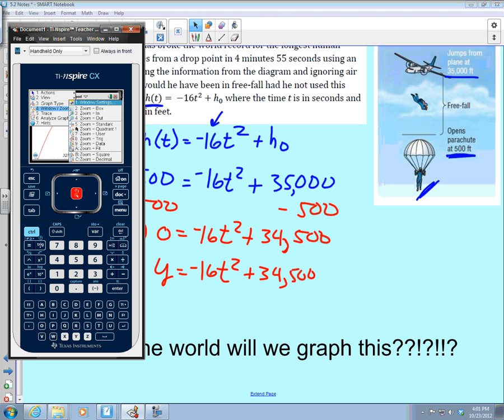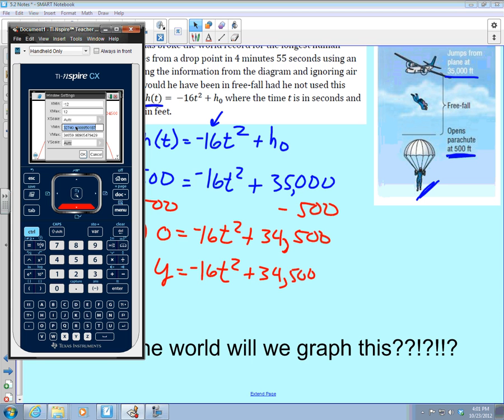Let's go to window. X max, X min. I'm not too worried about that. I want the Y minimum. Okay, right now the Y minimum is 32,740.